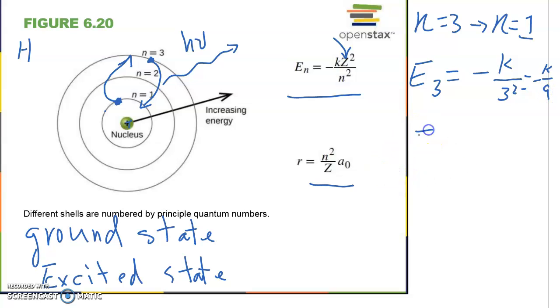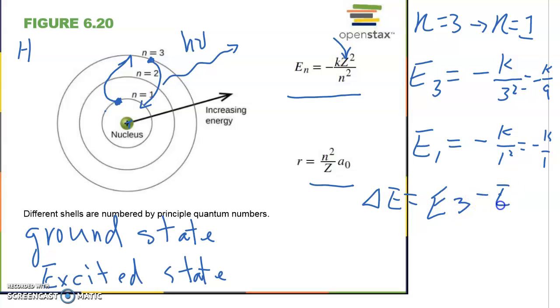All right, so let's calculate what happens when n equal to 1. Plug into that, it is equal to negative k divided by 1 squared. So that is equal to negative k divided by 1. So what is the energy difference? Delta E will be equal to E at level 3 minus E at level 1.